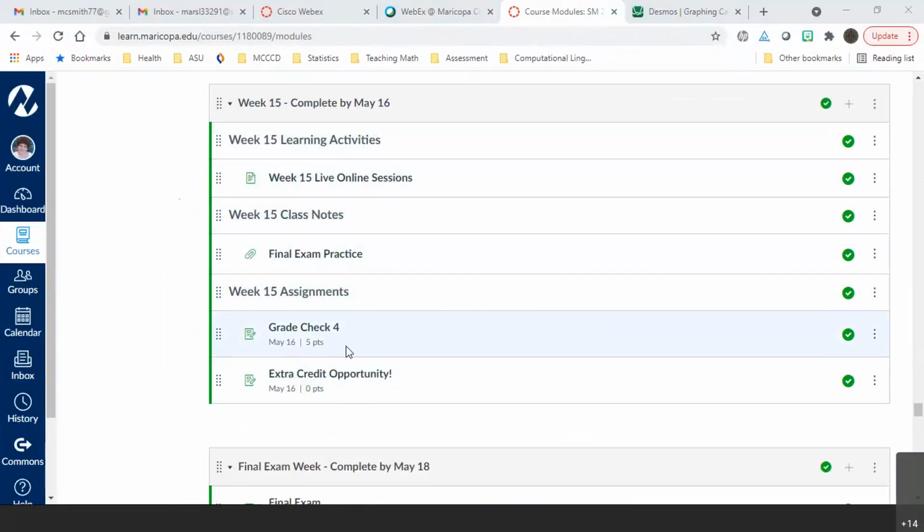There is a grade check assignment. This is our last chance to communicate with each other about how you're doing and what kind of support I can provide for you. As I mentioned, there is this extra credit opportunity that if you decide to take it, you can earn up to 5 extra points on your final, and those are 5 points that are added to the grade on your final.